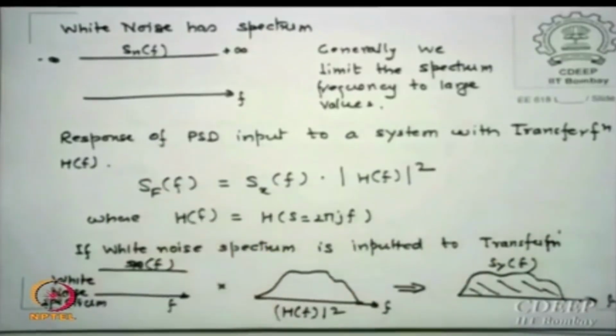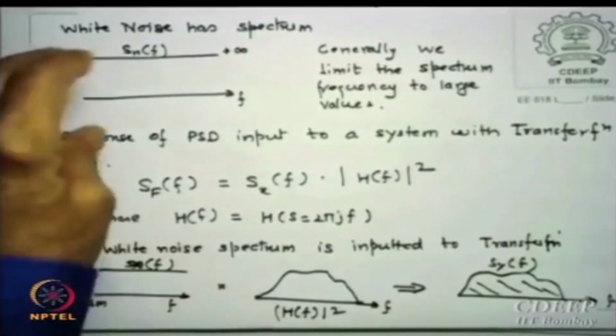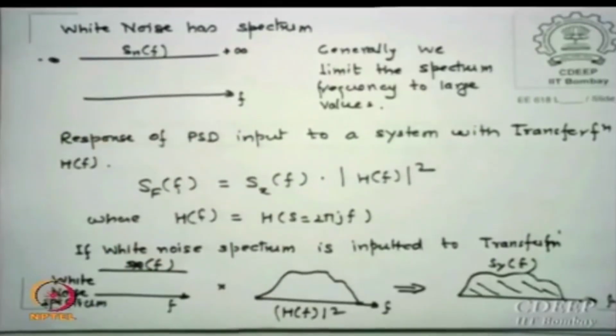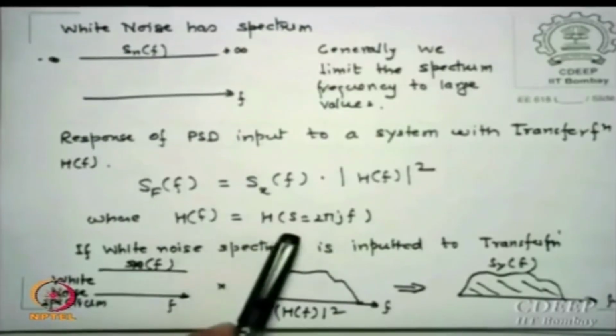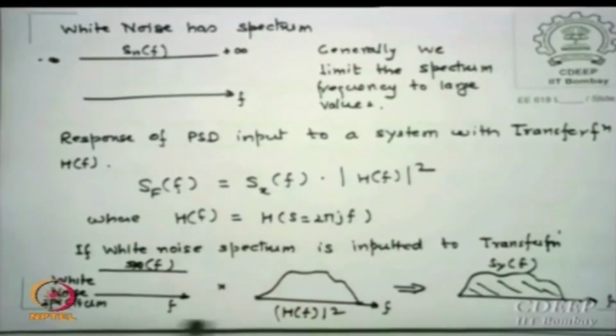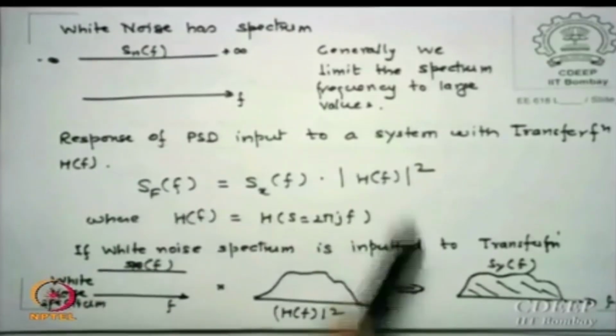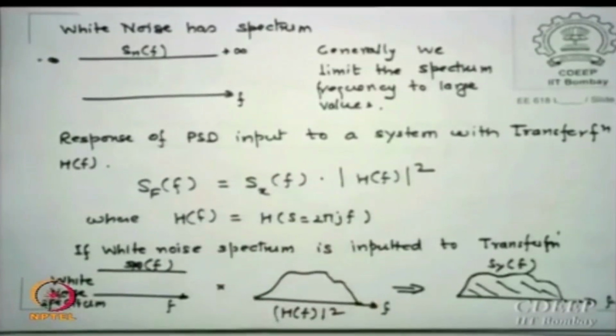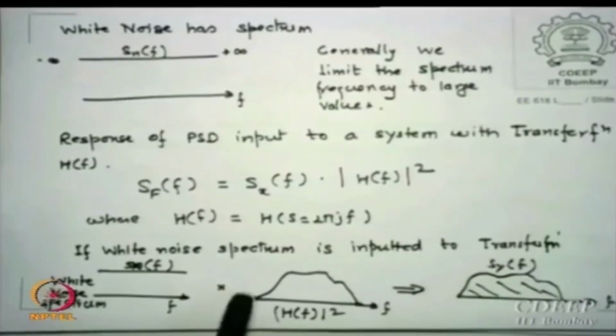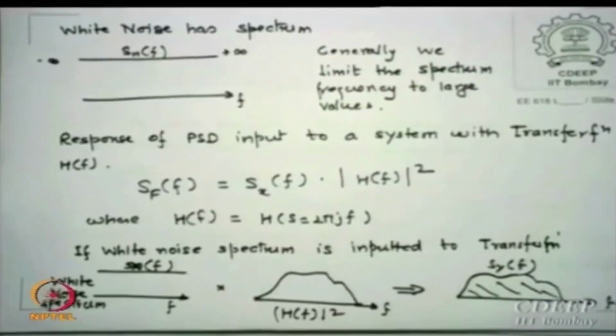Now there is an interesting part: I can modify the content of white noise if I pass it through a transfer function Hs, where Hf is Hs at s equals 2 pi jf. So if I have white noise and pass it through a transfer function of this nature, which is Hf square, and multiply, I am going to get a band limited SYF.